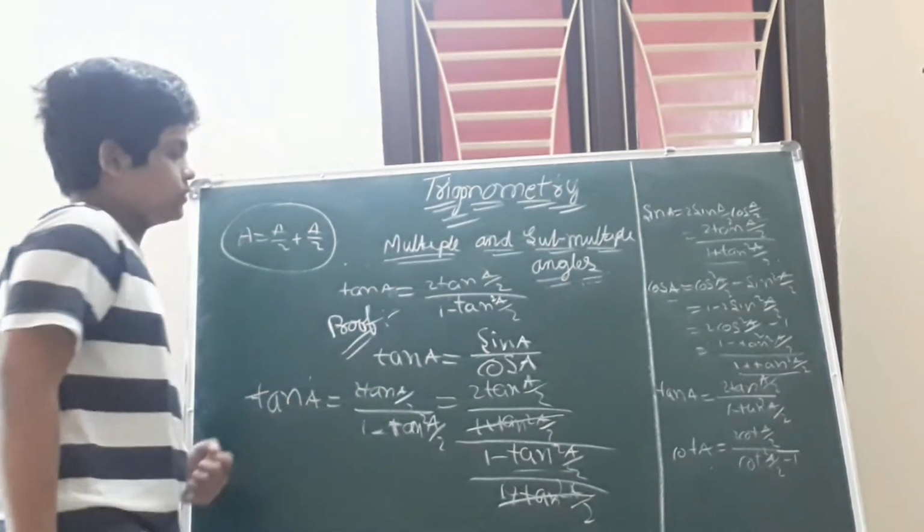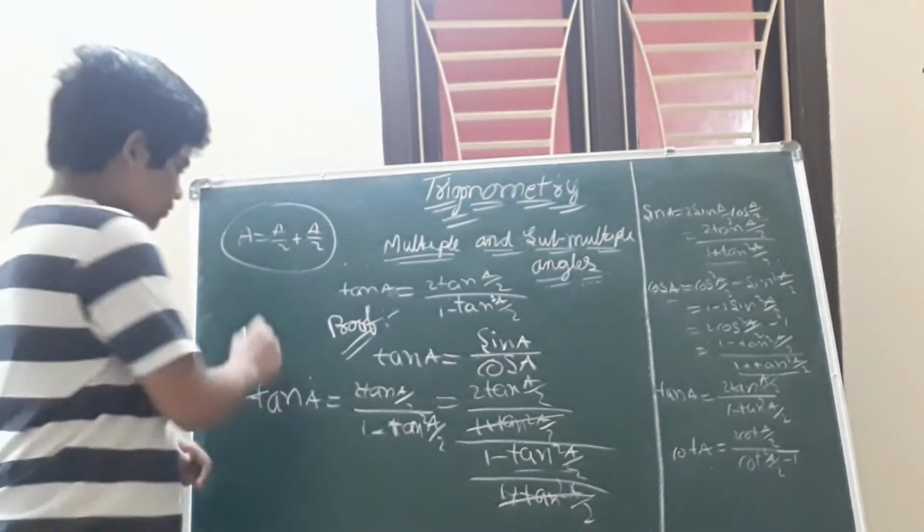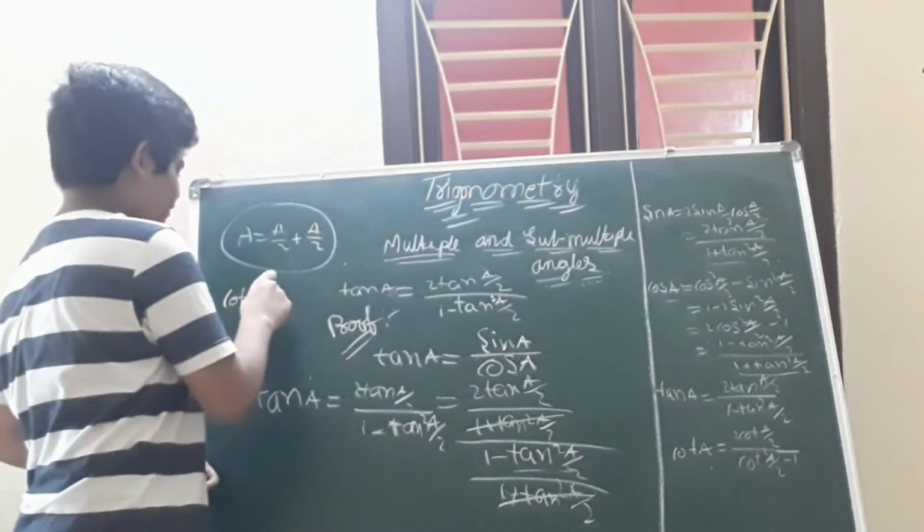In the same way you can also find the value of cot A. For finding cot A, there are three methods.